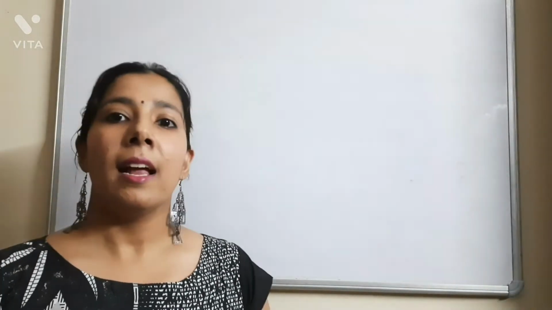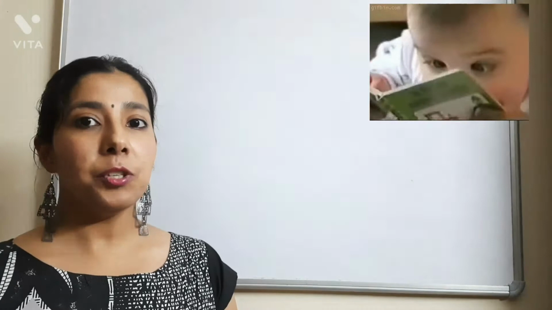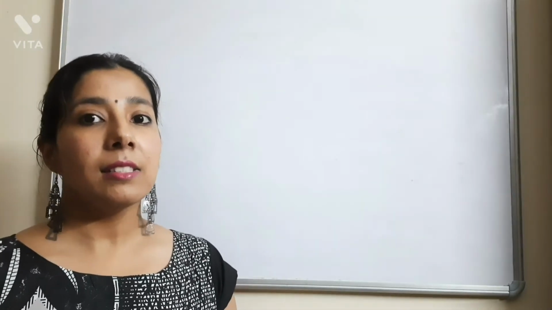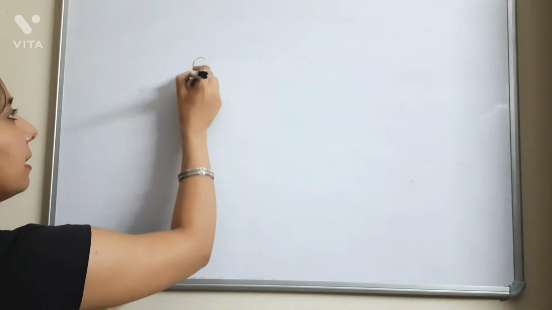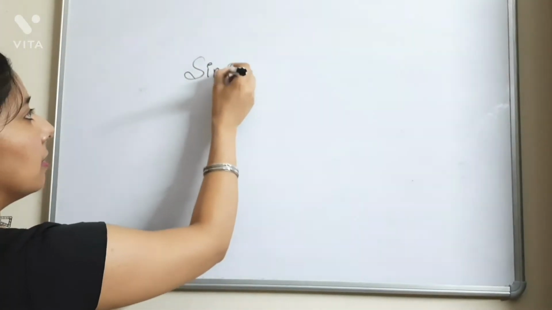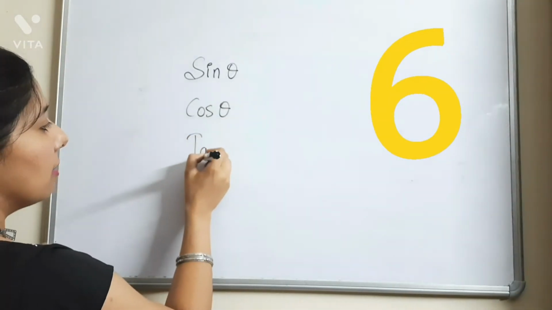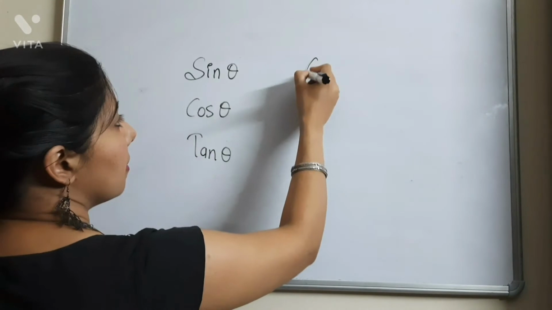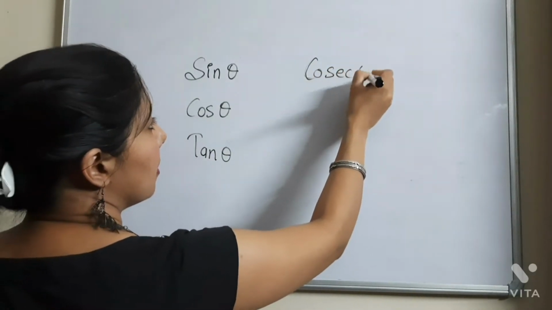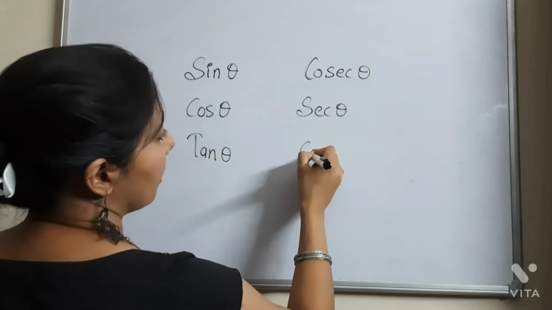Before that, let me revise for you what the trigonometric ratios are. As you people know, there are the 6 trigonometric ratios, which are sin theta, cos theta, tan theta, cosecant theta, secant theta and cot theta.